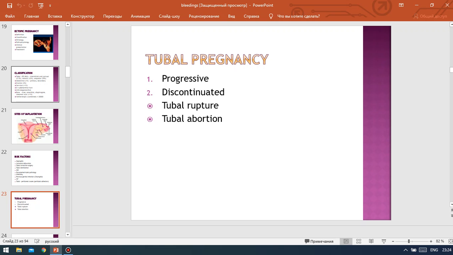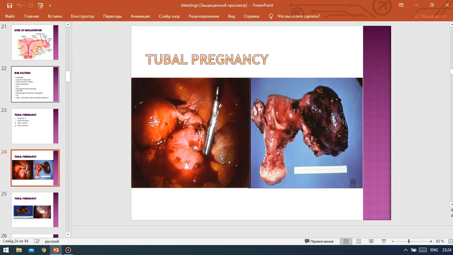We check them. The first, how can we check? We check the hCG hormone, human chorionic gonadotropin, and make an ultrasound investigation. During normal pregnancy the level of hCG must be more than 1000, and we can check and find the embryo intrauterine.